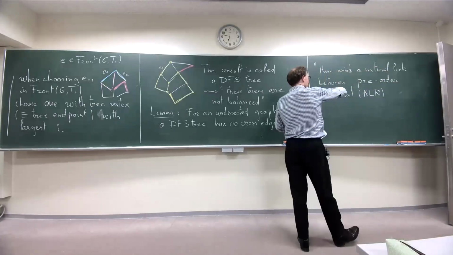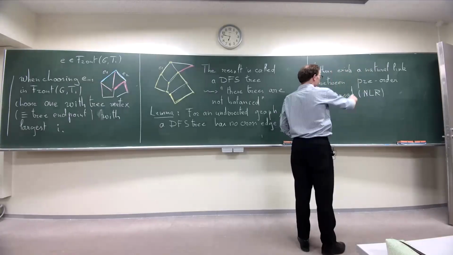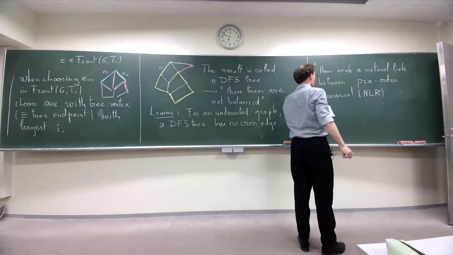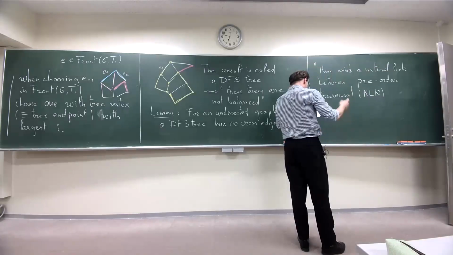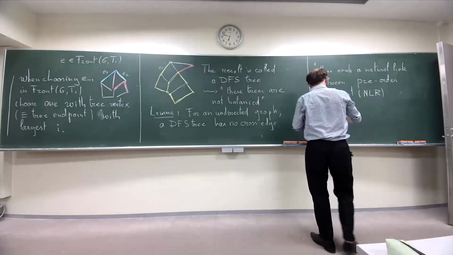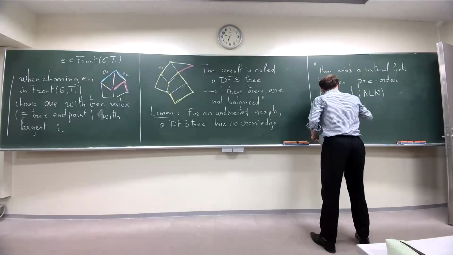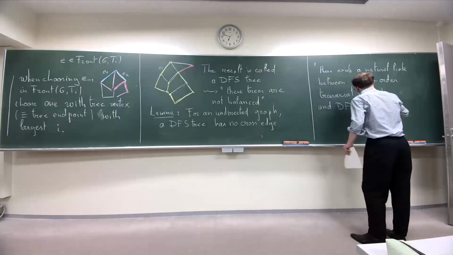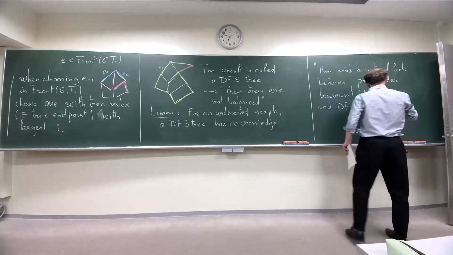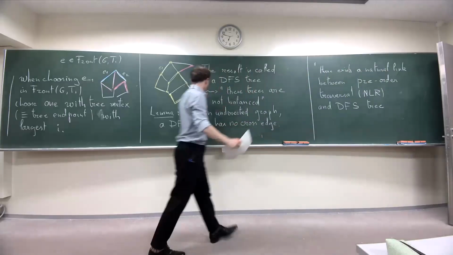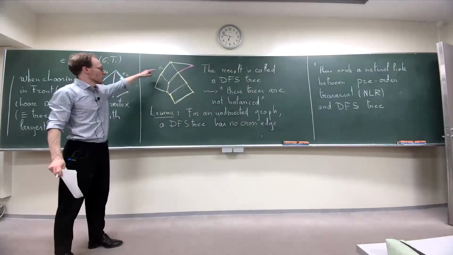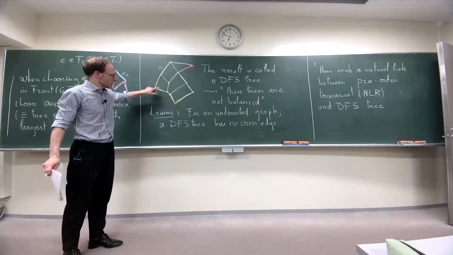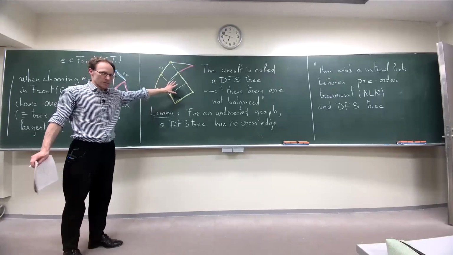When I introduced the traversal, I introduced 4 types, and one was pre-order traversal, abbreviated NLR, and DFS3. So if you think about it, you construct your tree, and I didn't write the numbers, but you have the discovery numbers.